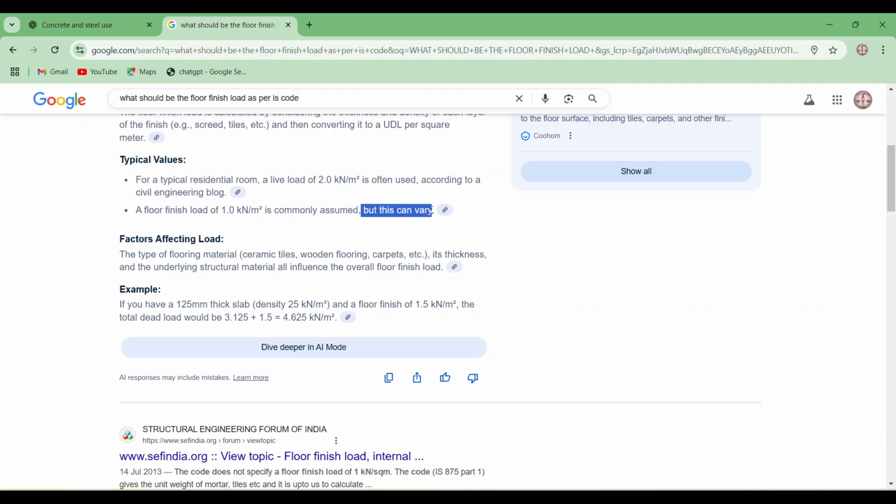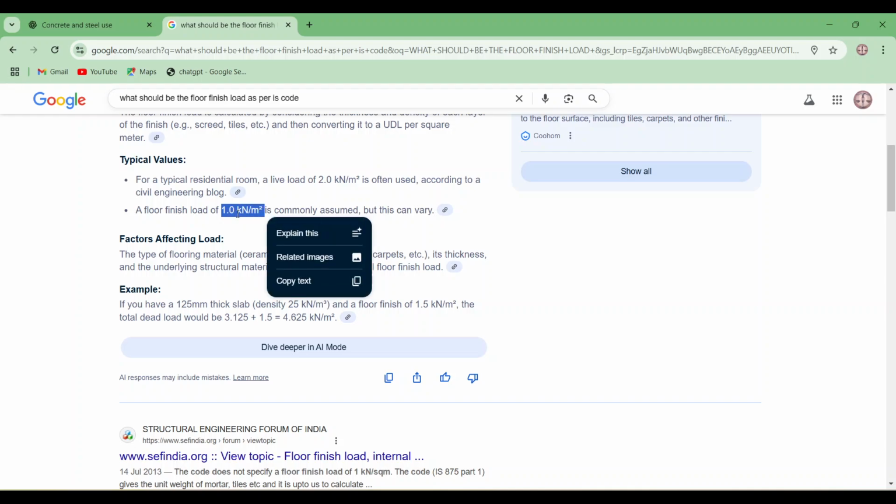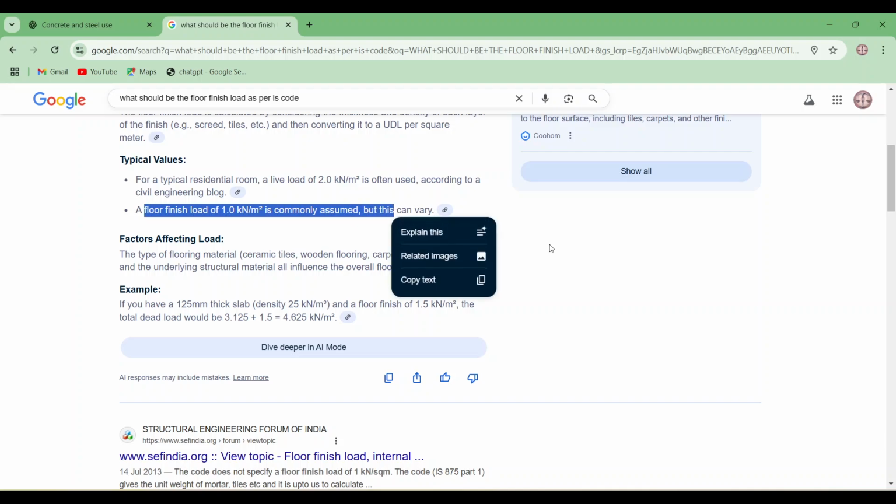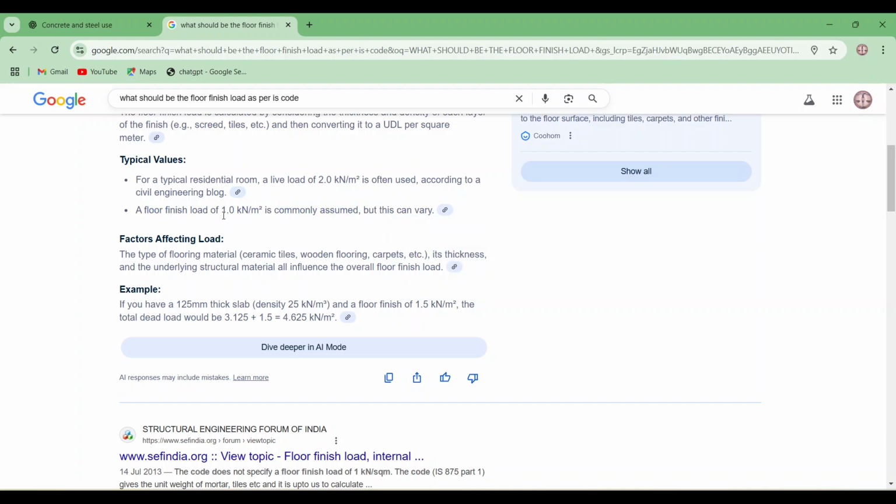I am telling you this because it depends on the materials and what kind of thickness of the mortar is coming on that. So according to that, it generally varies between 1 to 3 kilonewton per meter square. Okay, so you can take 1 kilonewton, you can take 1.5 or 2 kilonewton, or 3 as well if there is more load on your floors. Okay, so floor finish load varies between 1 to 3 kilonewton.